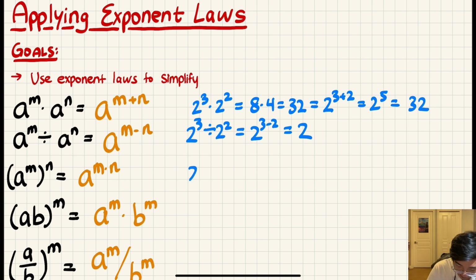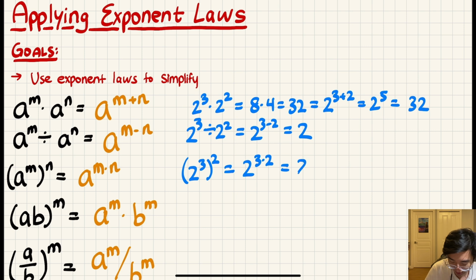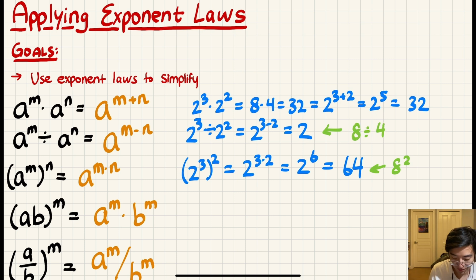How about 2 to the power of 3, to the power of 2? This is pretty much saying 8 squared, or 2 to the power of 3 times 2, which is 2 to the power of 6, getting us 64. Then, if we have ab to the power of m, let's take 2 and 3.